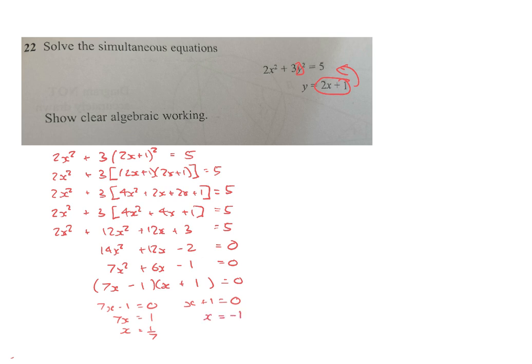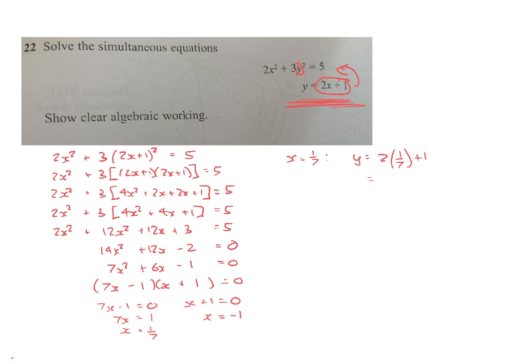That's not the end of the question, because we have to work out the corresponding values for y. So I'm going to put those into my linear equation here, y equals 2x plus 1. So when x equals 1 over 7, y equals 2 multiplied by 1 over 7 plus 1.